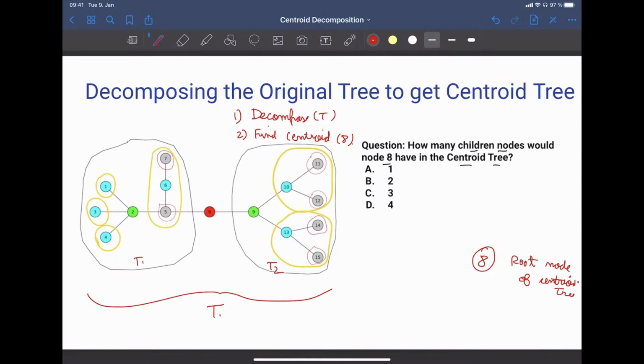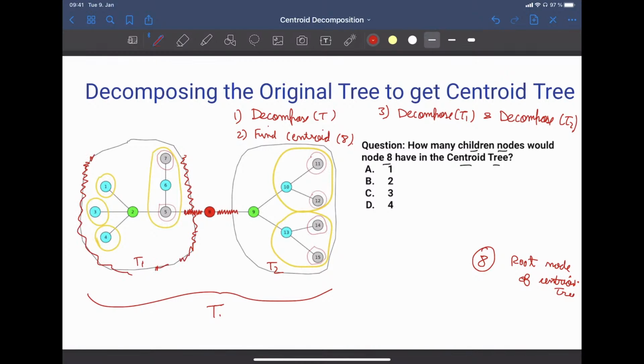Okay. The third step would be to delete the adjacent edges, and call decompose T1 and decompose T2, right? So you call decompose on T1, which is just this much. This is an independent smaller tree, T1.